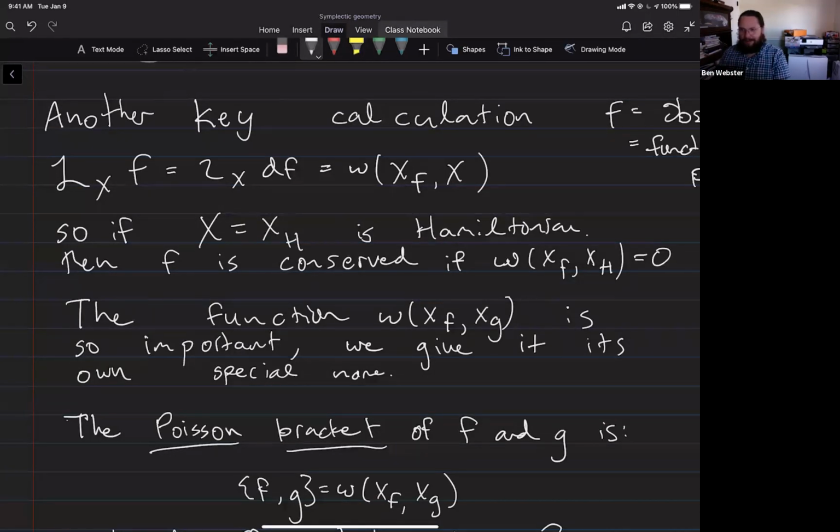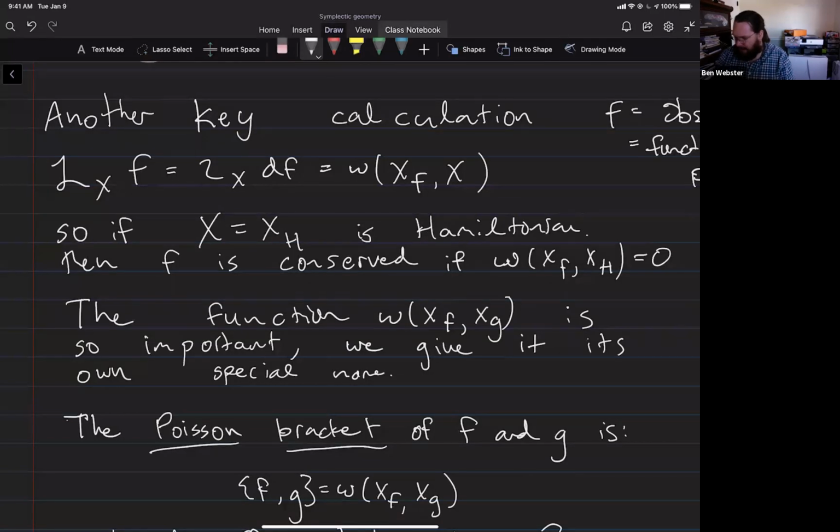So if you take this transformation from f into the Hamiltonian vector field as granted, computing how f changes over different vector fields is the same as computing the symplectic form between the Hamiltonian vector field and whatever vector field you're varying things with.